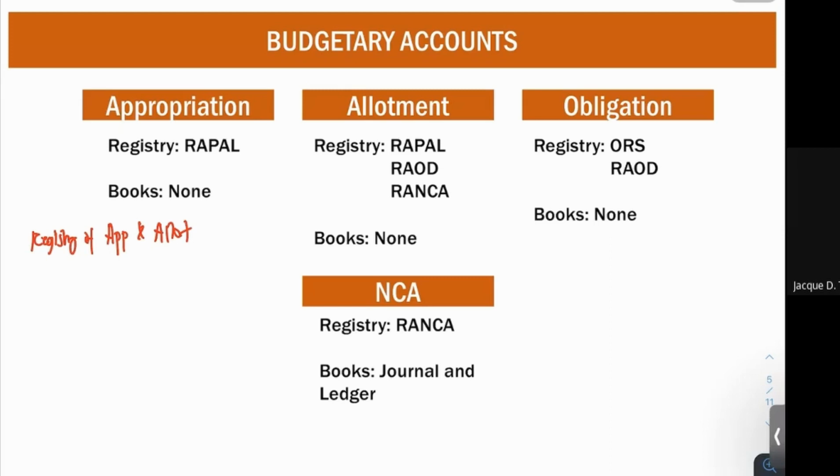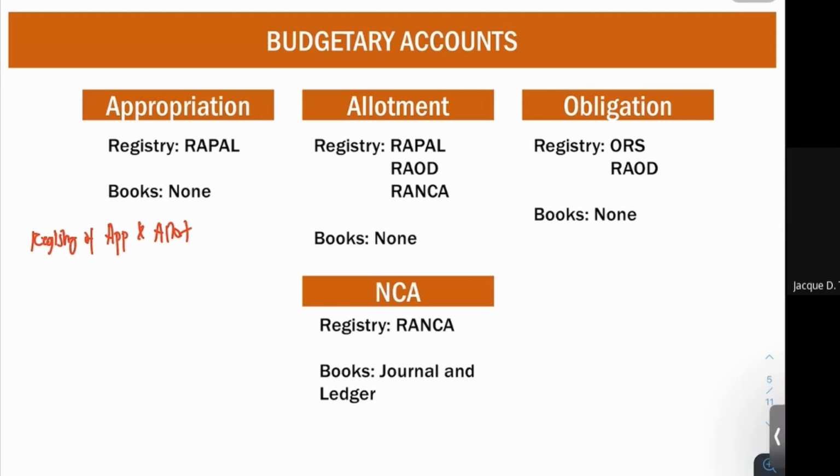Next, we have your registry of allotment and notice of cash allocation. And then we also have your ORS. So your ORS is known as your obligation request and status.